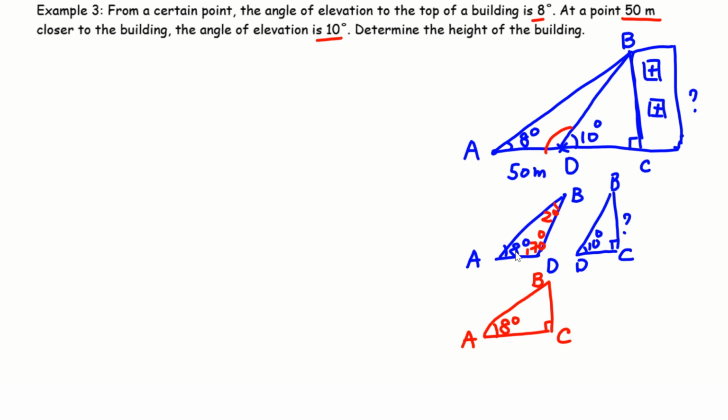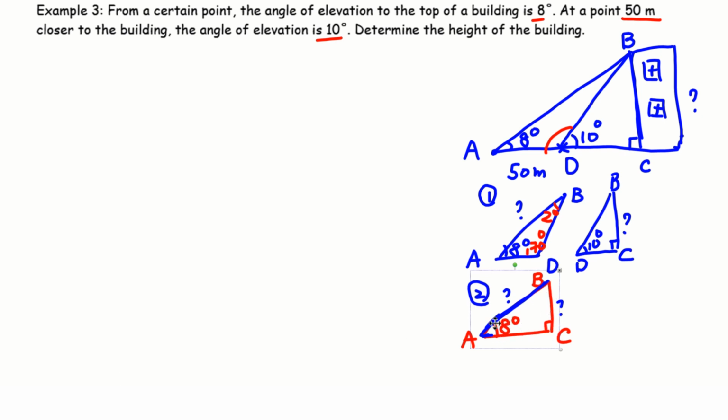And we are going to pick 2 of them to solve for the unknown. If we take the first one and the bottom one, you will see they are sharing the same side, AB. If we find the common side AB, then we could find the unknown side BC in the bottom triangle.